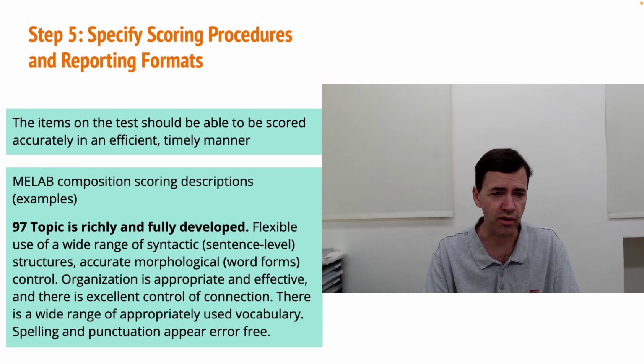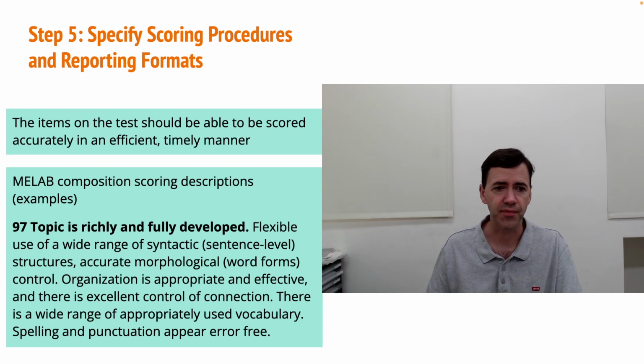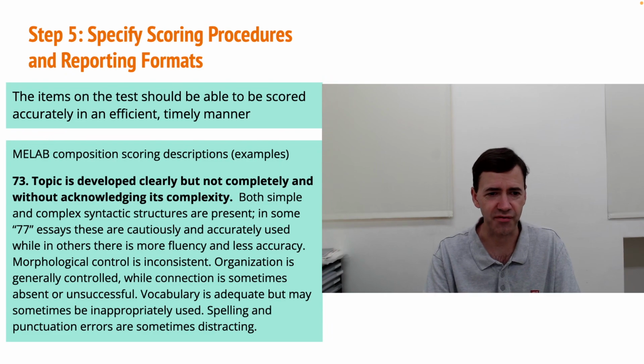So a score of 97, topic is richly and fully developed. Okay, and then you can read the very detailed description here on your own. Second is a score of 73. Topic is developed clearly, but not completely and without acknowledging its complexity. And then there's a lot of different descriptions in there.